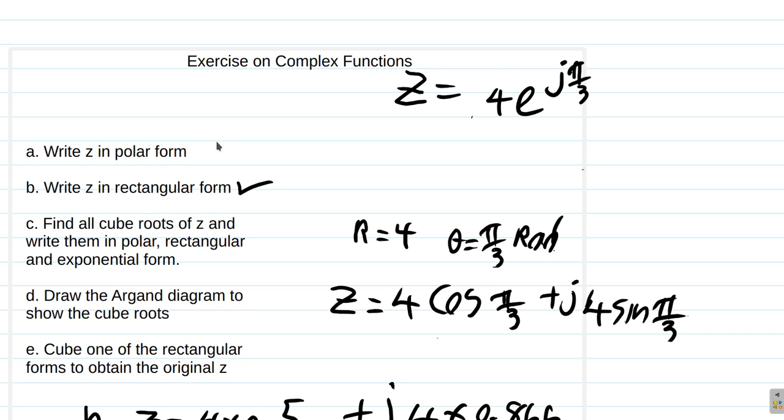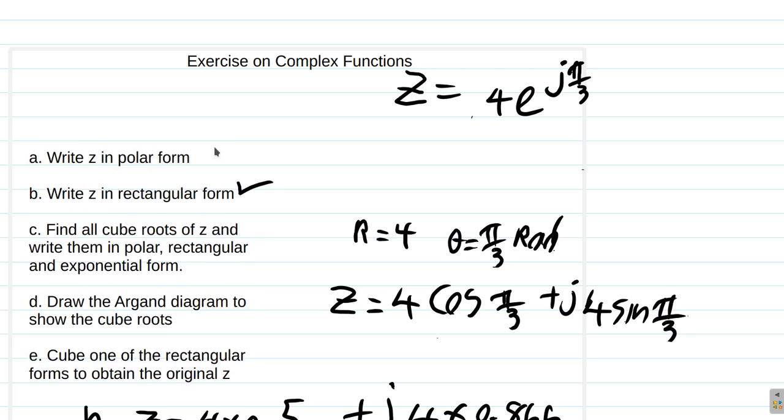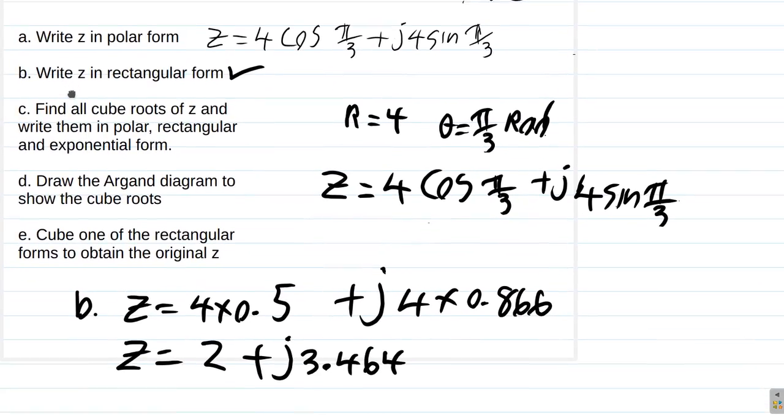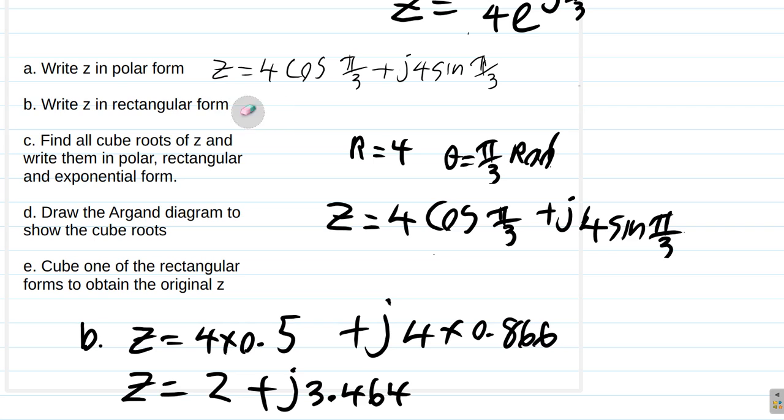So the answer for this part was z equals 4 cos pi over 3 plus j 4 sine pi over 3. Alright? And then this part here, the answer was z equal 2 plus j 3.464. Okay, good.